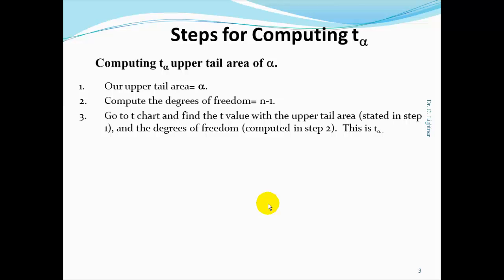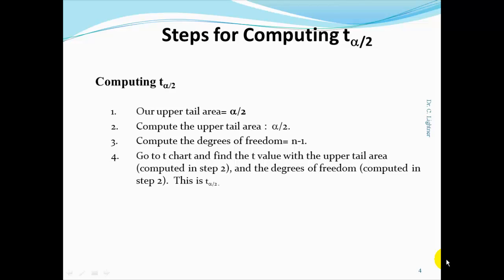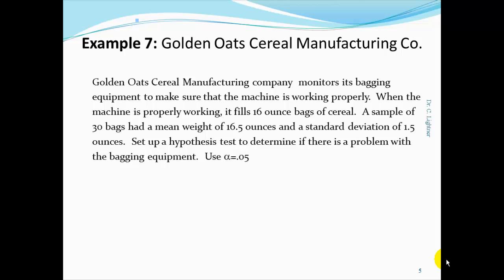This is our t alpha value. Here, we recall our steps for computing t alpha over 2. Since we have already had some practice with hypothesis tests about means, let's dive directly into an example.